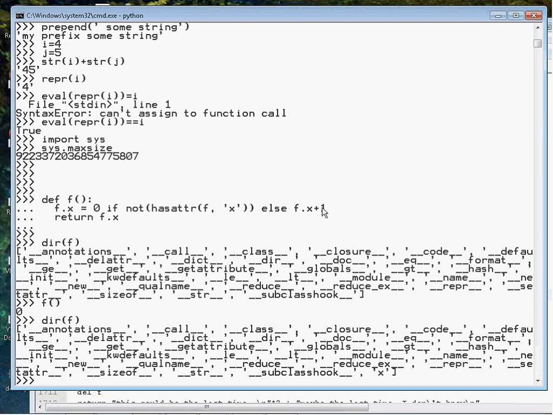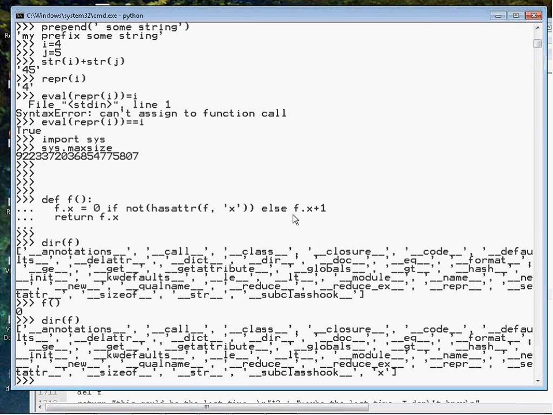It doesn't have an X. If F doesn't have X yet, 0. Otherwise, take the value, step it by 1. Like our objects.